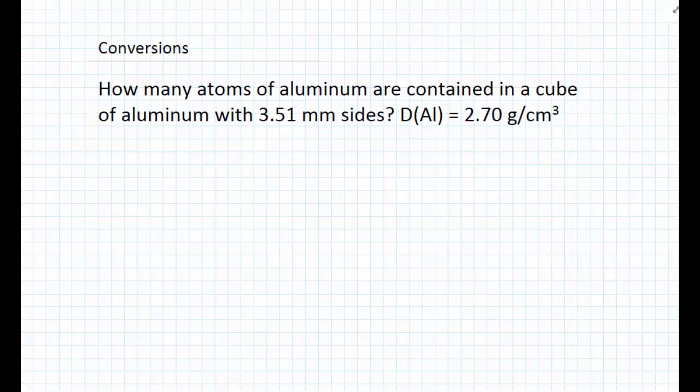I've given you the density, and I want to know how many atoms of aluminum that is. Well, several ways to tackle this. I like drawing pictures, even though I'm terrible at it. I think it's good for the thought process whenever you can sort of start to visualize something. But especially when we start talking cubes.